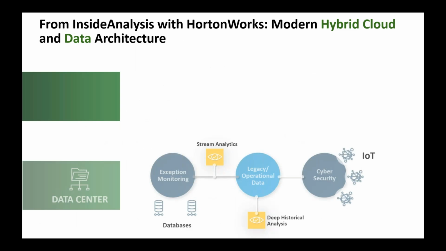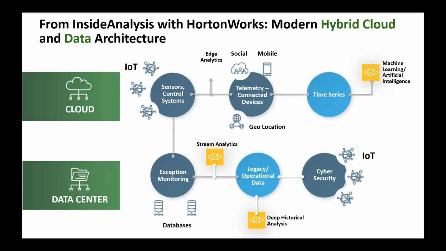And then another one is this graphic here, which I took out of a presentation that we did recently that I led, and I thought it was a good visual to let you see what a hybrid cloud data architecture looks like, at least one view of it. And you can see what we're talking about.